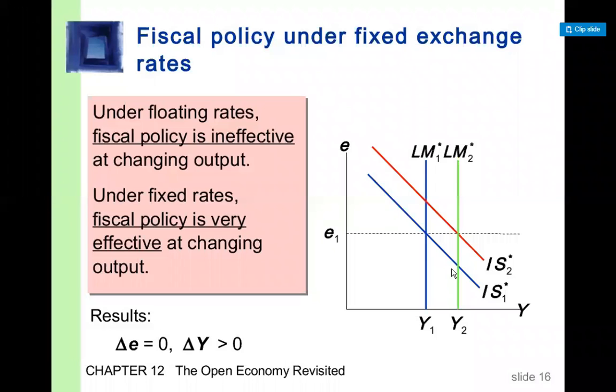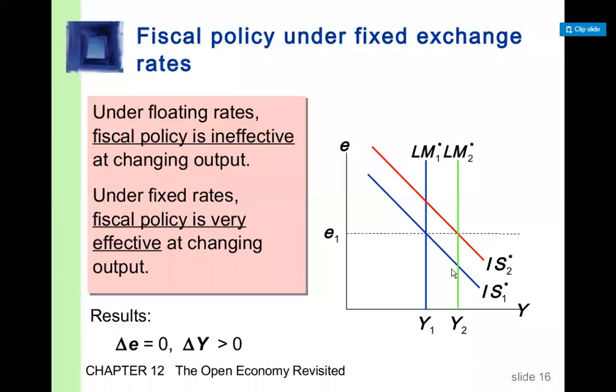So fixed exchange rate is very suitable to control recession in the economy, as compared to the floating exchange rate. क्यों? हमारा पर्पस क्या था? इकोनॉमी को रिसेशन से निकालना. लेकिन अंडर फ्लोटिंग एक्सचेंज रेट इनकम लेवल इंक्रीज नहीं हुआ था, लिहाजा आपकी इकोनॉमी कभी भी रिसेशन से नहीं निकल सकती थी.